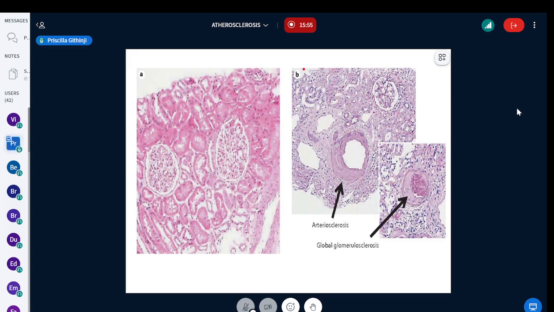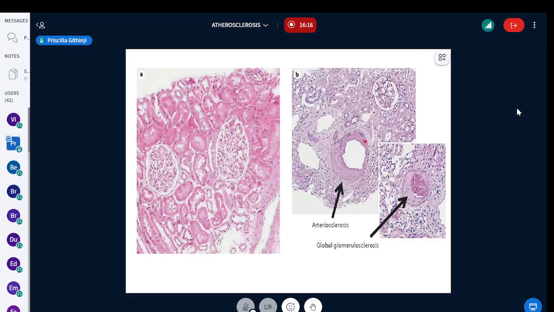Then B shows blood vessels within the kidney that are undergoing hyaline arteriolosclerosis, and you can see the thickening of the wall of this blood vessel. You can compare it to the one sitting next to it.